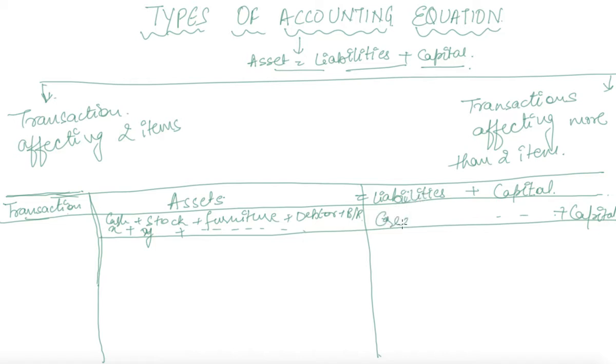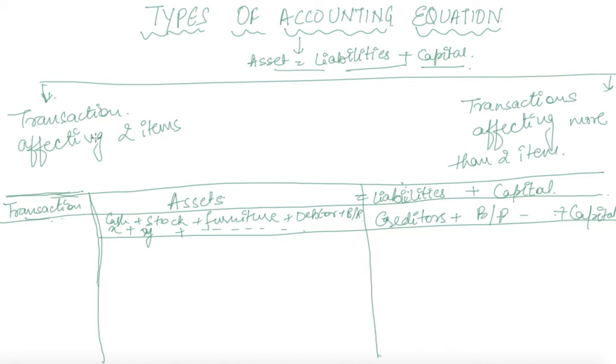Say creditors or your bills payable, etc. One thing to be noted while preparing the format of accounting equation is that your asset column should be wider than the liability and capital or the transactions column.